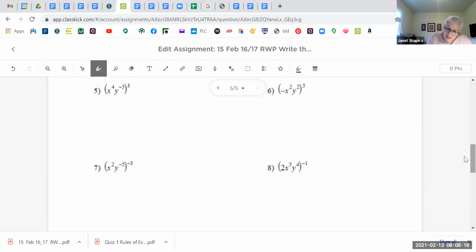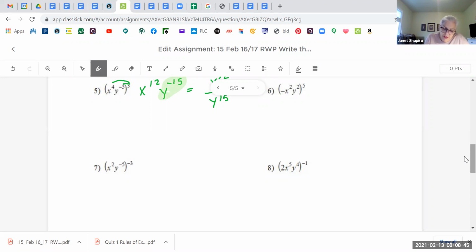On number 5, I'm going to distribute this power. I'm going to multiply the power, so I get x to the 12th, y to the negative 15. Negative exponents means this belongs in the reciprocal place. So my x to the 12th stays in the numerator, while my y to the 15th belongs in the denominator.